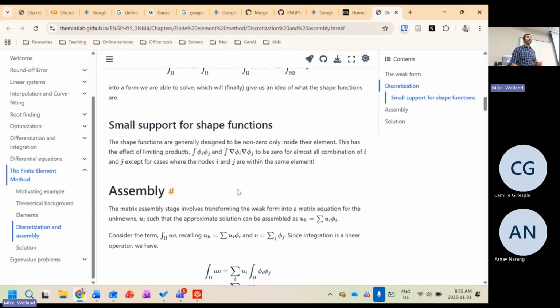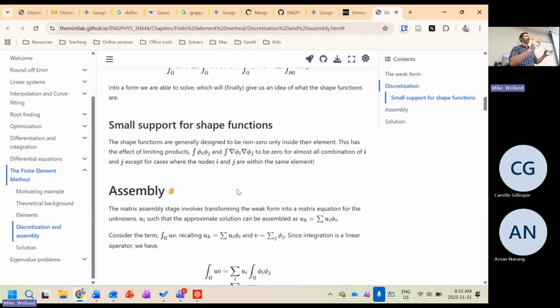Since we have defined our shape functions, phi I, as only being non-zero on the element, right? Depending on the type of shape function, they're going to be 1 at particular nodes, 0 at all the other nodes, but even beyond that, they are only non-zero on their assigned element, which is called small support, the technical term.